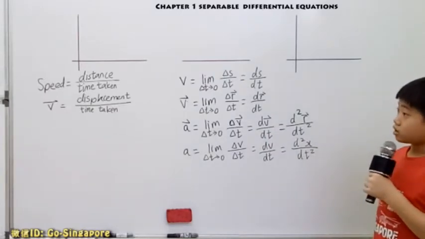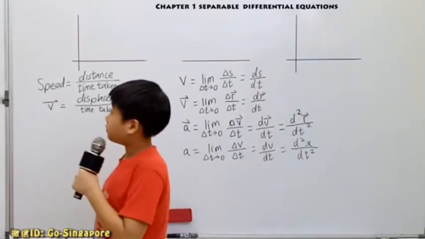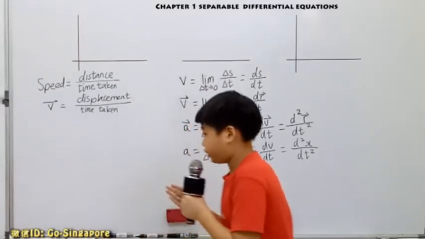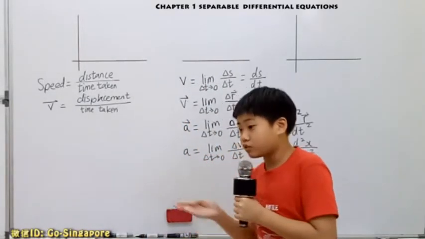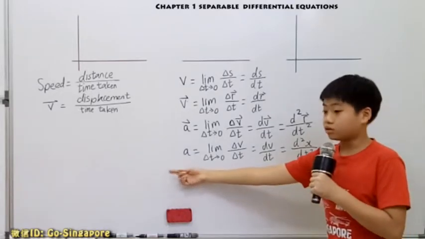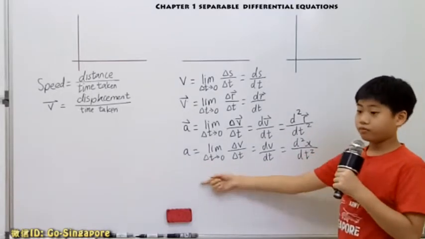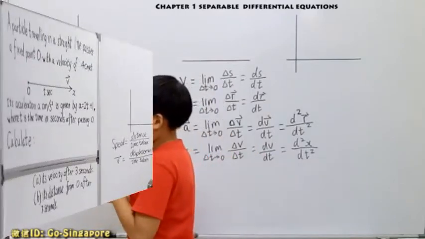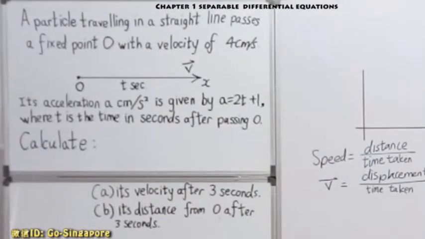Remember for this case, a particle is traveling in a straight line, so basically it is just one dimension. It passes a fixed point O with a velocity of 4 cm per second. That means when this particle passes point O, it is traveling at 4 cm per second.